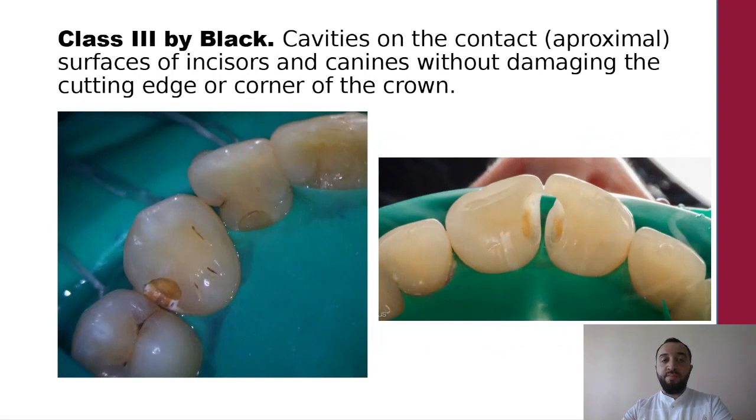Class 3 by Black: cavities on the contact approximal surfaces in incisors and canines without damaging the cutting edge or corner of the crown.